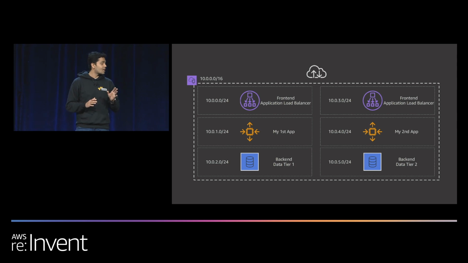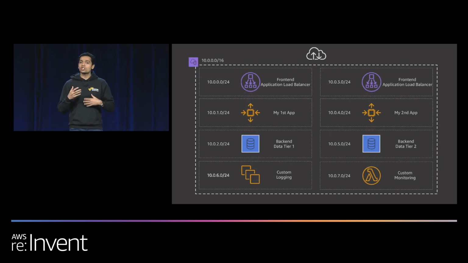After running my first application in AWS, everything was going smoothly. So I decided, why not spin up a second application in AWS? I carved out a separate subnet inside the same VPC for my second application. This is, after all, what everyone does, since a VPC is your virtual data center in AWS.